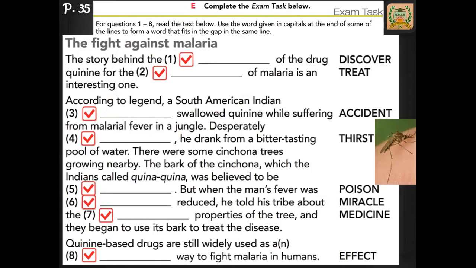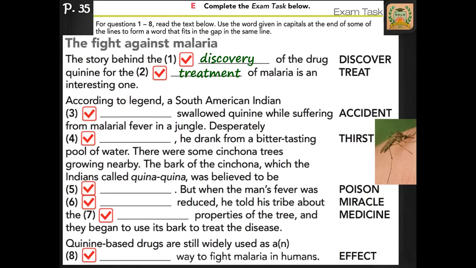Okay, the story behind the drug quinine. Yes, the discovery of the drug quinine for the treatment of malaria is an interesting one. It's an interesting story. Okay, let's see it.